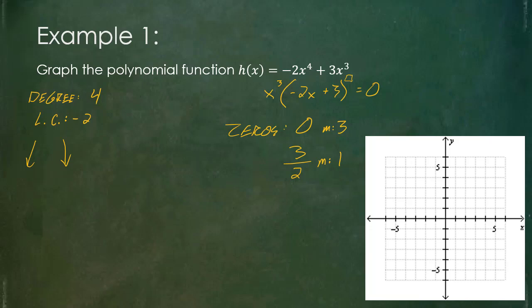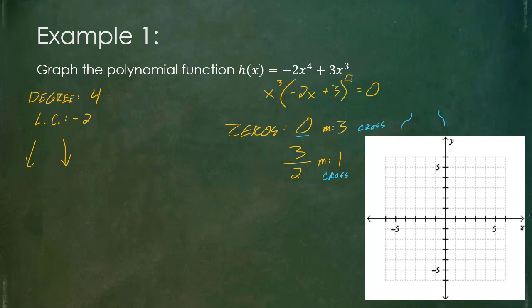Because those are both odd numbers, it is physically going to cross over the x-axis at both of these values. When it passes through 0, it's going to be more of a curvature. It could be going up like that, or it might be coming down the page, but it's going to have some form of curvature as I pass through that 0.